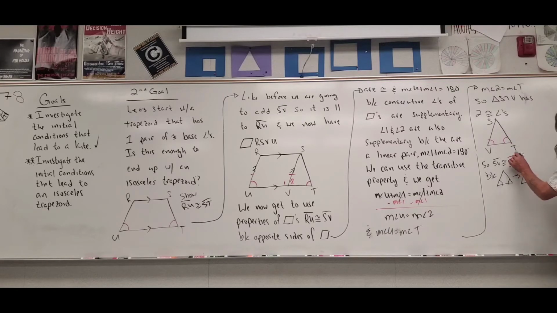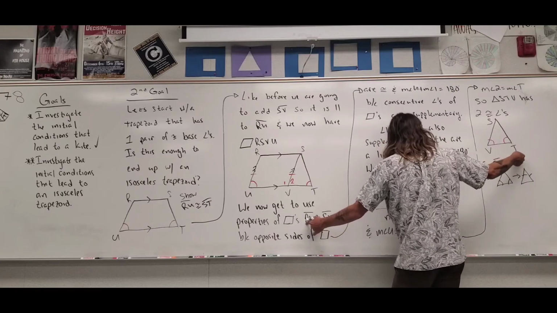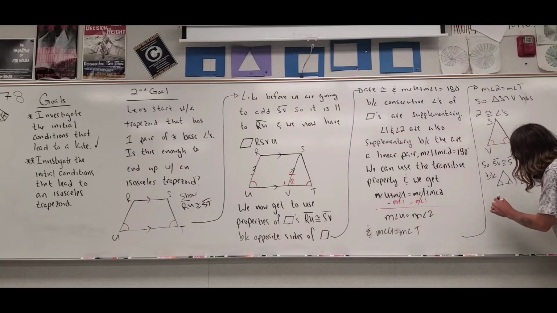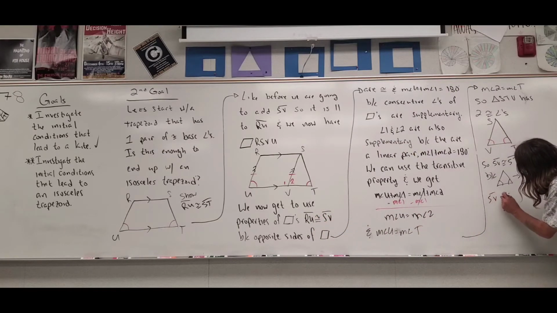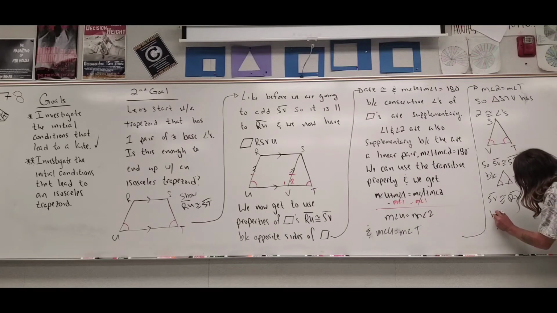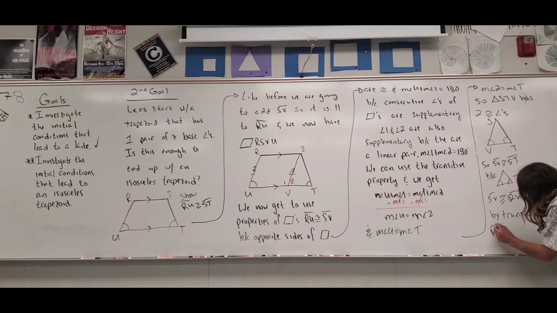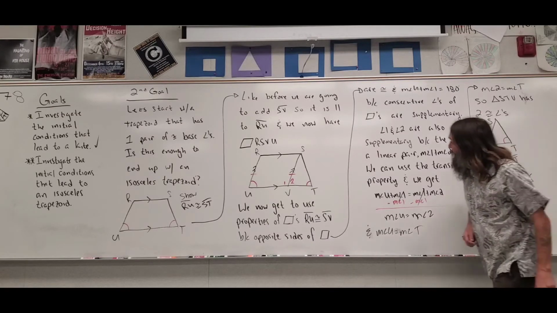But earlier, I saw that SV was congruent to RU. So since SV is congruent to RU and SV is congruent to ST, by the transitive property, I can now say that RU is congruent to ST, which is what I wanted to show.